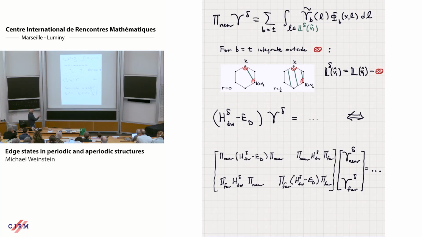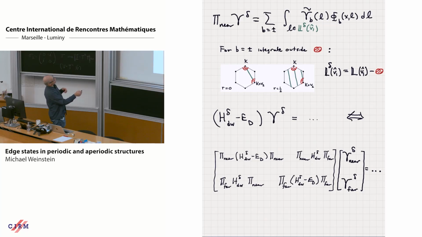Okay. So the projection, more precisely, is you want to sum over the intersecting bands. And then you have to exclude small neighborhoods. The near part actually has these components over here. And the far part contains the segments outside of these.